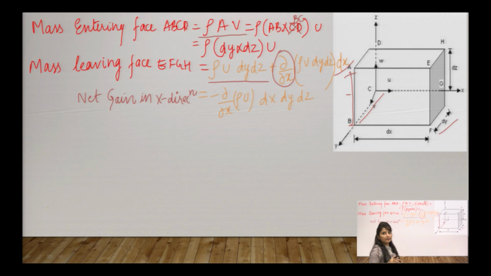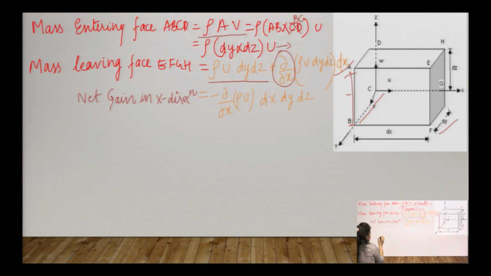Now net gain will be nothing but mass entering minus mass leaving. So what we are doing? We are getting the difference, mass entering minus mass leaving, or you can say this value is being subtracted from this value.